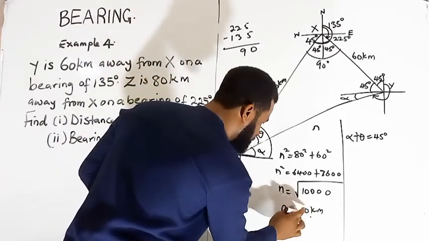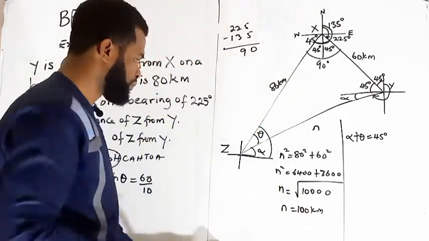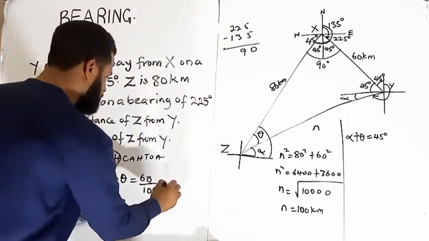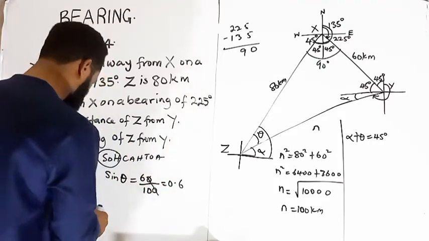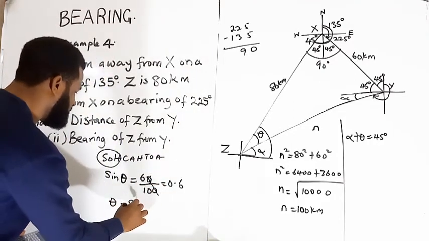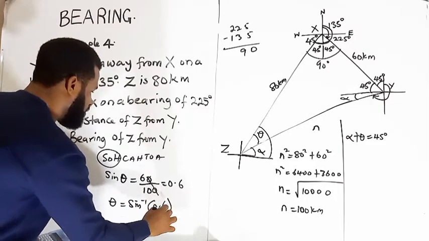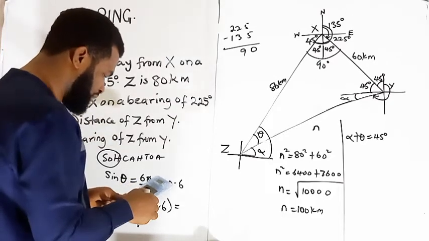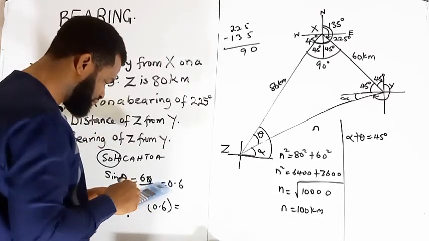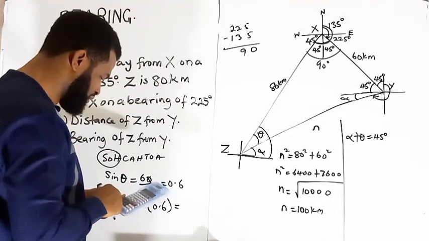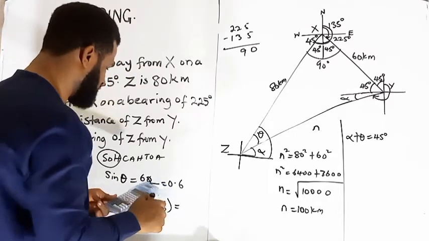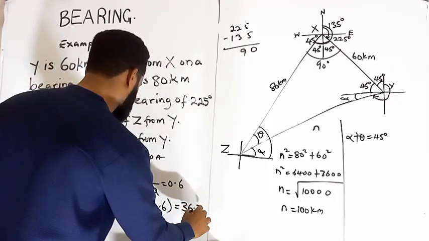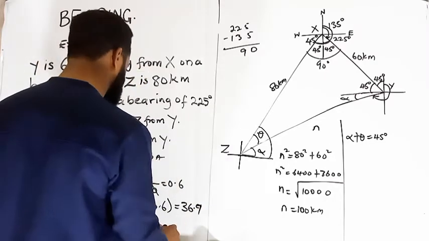Now, this is supposed to be 100, right? And this is going to be 100. So this is the same thing as 0.6. So I'm going to say theta is going to be sine inverse of 0.6. Therefore, second function, shift sine 0.6 is given as 36.9 degrees.